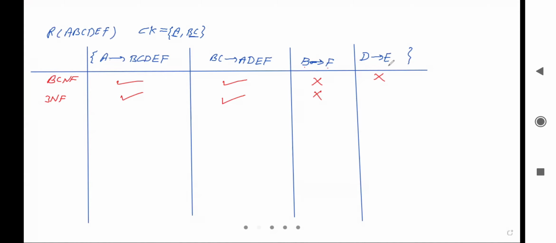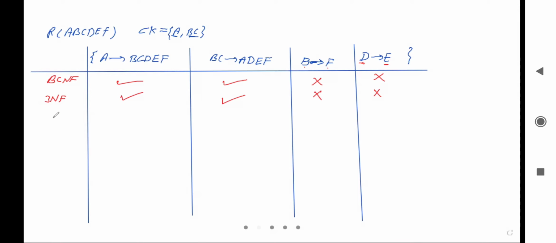Next is D goes to E. Is D a super key or not? So D is not a super key. And what about E? E is not a prime attribute. So it cannot be the third normal form. So it is not in third normal form.